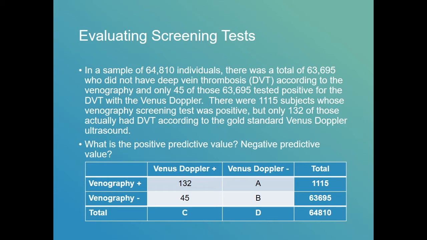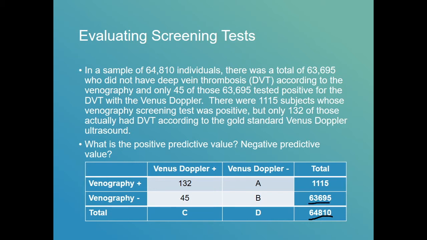So from this, I started to fill in our 2x2 table, or a contingency table. The total number in the sample is 64,810, so that goes in the very bottom. The total of 63,695 that tested negative with the venography would go in the total column for negative venography.